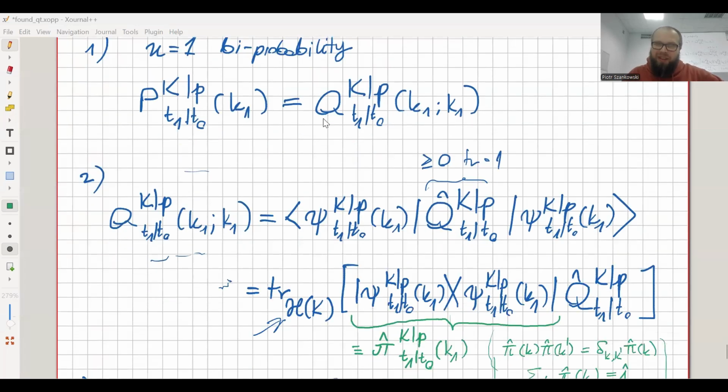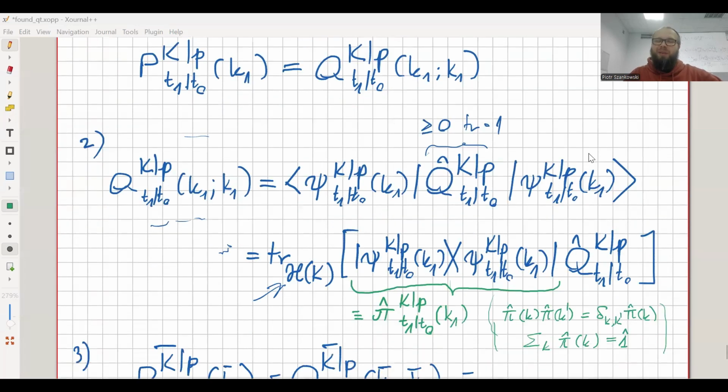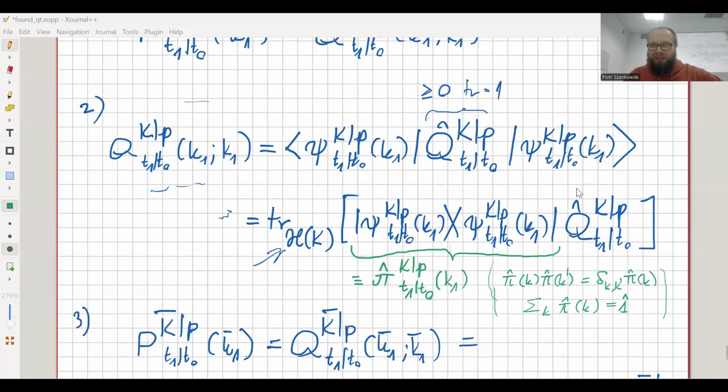And this bi-probability has this inner product representation, Hilbert space representation, which can be written in this nice trace form. We identified here a trace over a Hilbert space, which we label with the chosen observable K for now, because we don't know what depends on what yet. So we just keep it safe.